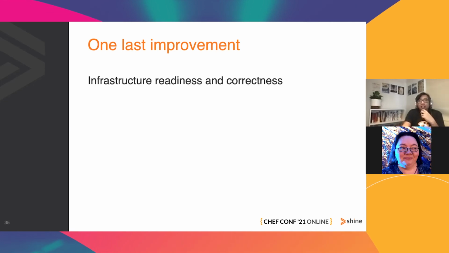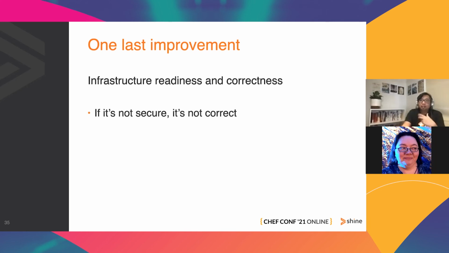So we started asking ourselves, what is the definition of infrastructure readiness and correctness? Previously, we were just thinking that this application has the right configuration, this environment has the right configuration, but we would like to push that a bit further. And we started asking ourselves, what could be better?